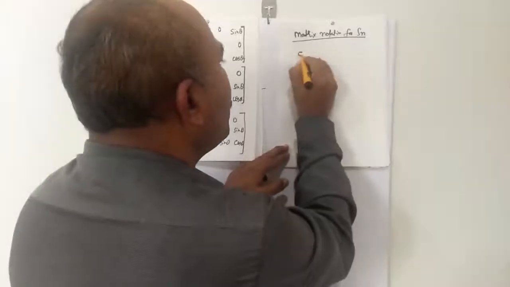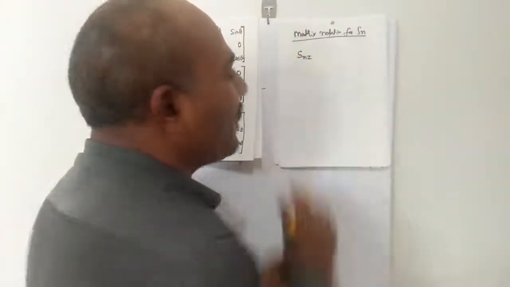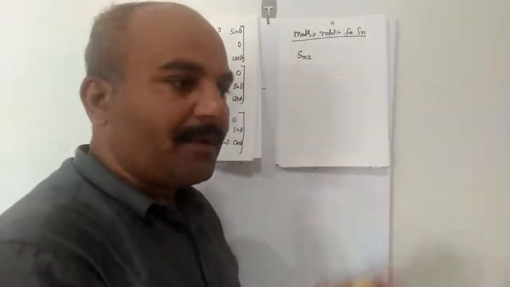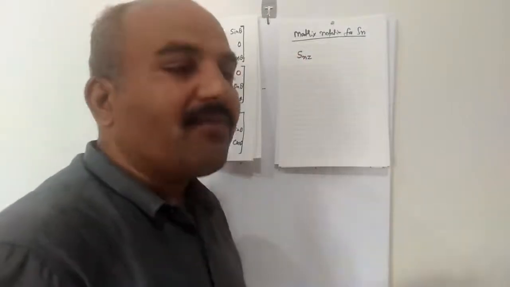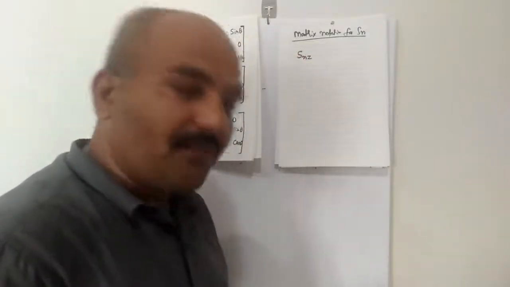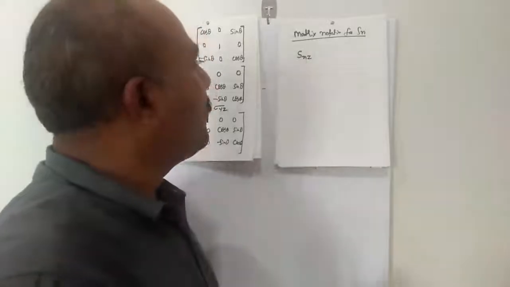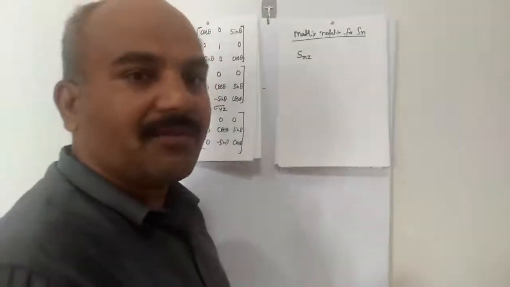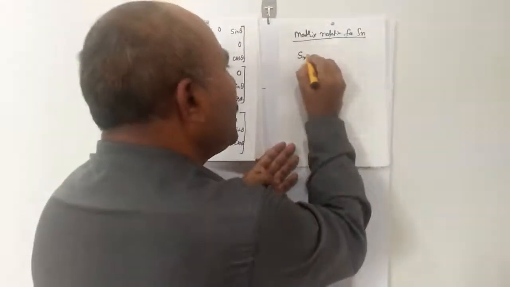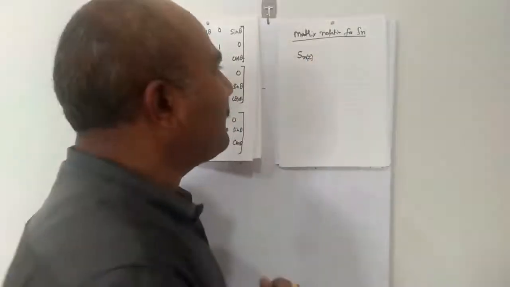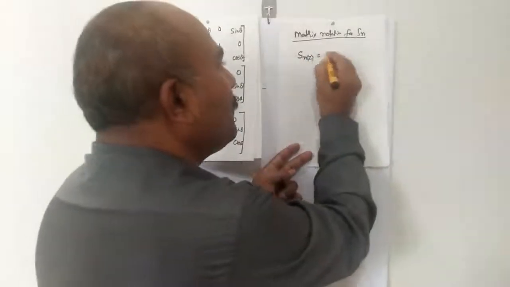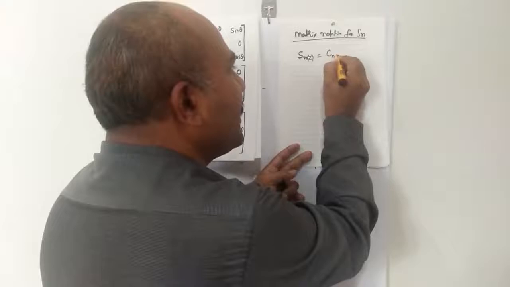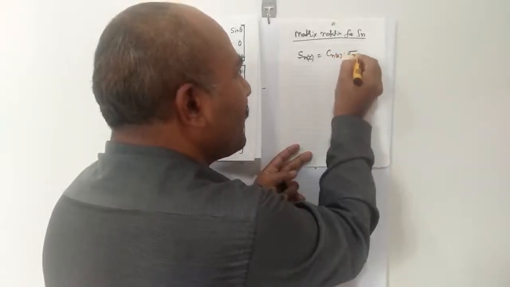Now how will SNZ be obtained? By the knowledge of the matrix for the proper rotational axis and the matrix for the reflection plane, we can get the matrix notation for the improper rotational axis, because the improper rotational axis SNZ is equal to CNZ into sigma xy.